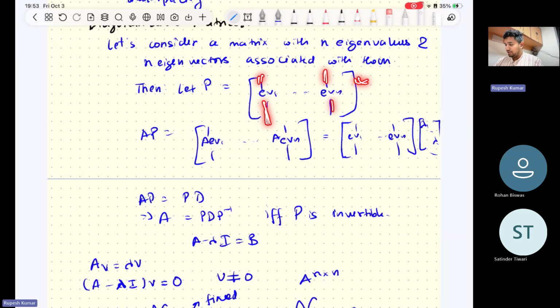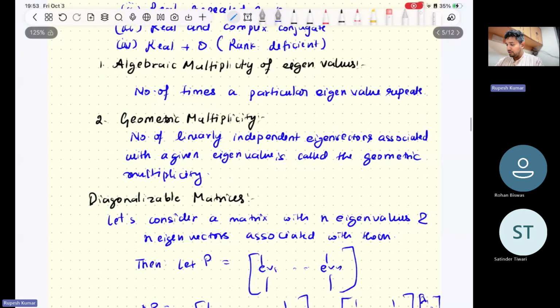You need to ensure that there are n linearly independent eigenvectors. Geometric multiplicity says the number of linearly independent eigenvectors associated with a given eigenvalue. So the number of linearly independent eigenvectors has to be n, right?